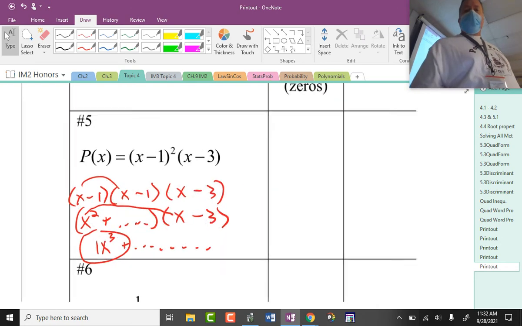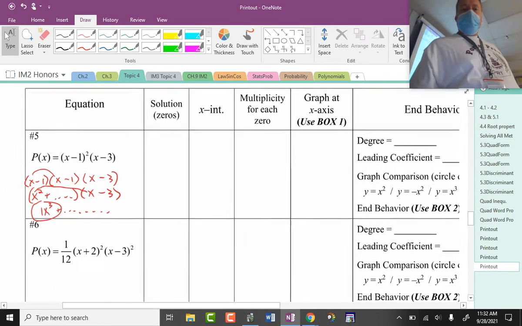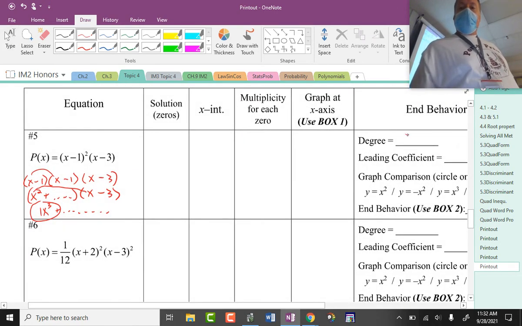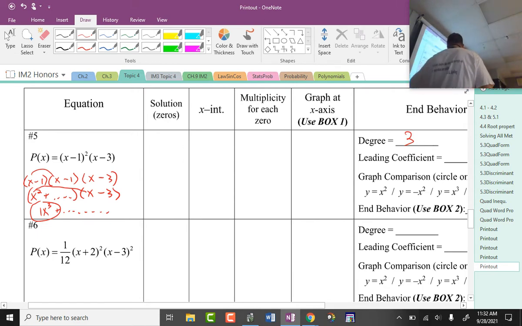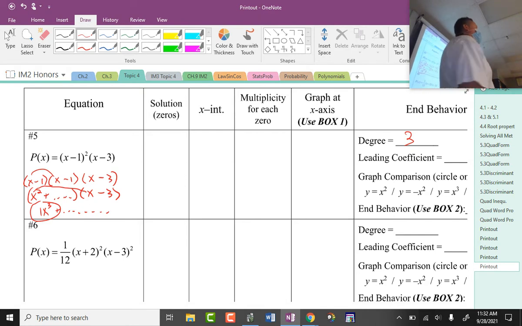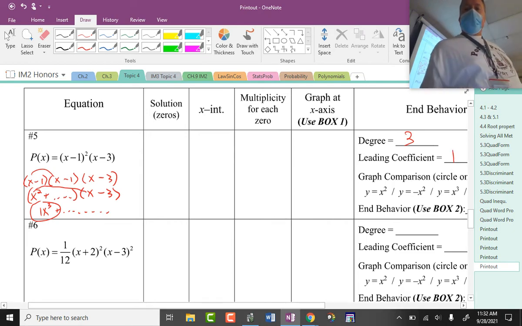So what is the degree of number 5? 3. And actually, quite literally, what is the leading coefficient? What number is it specifically? 1. Because it's x times x times x, ultimately what you would have to do if you were going to multiply this out. So it is a leading coefficient of 1.